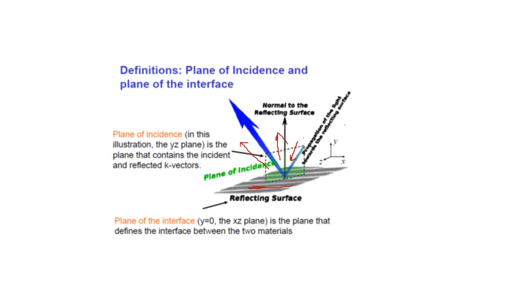Now if we take these three, incident, reflection and normal, then these three form the plane of incidence. The plane of incidence here is the YZ plane that contains the incident and reflected k vectors.